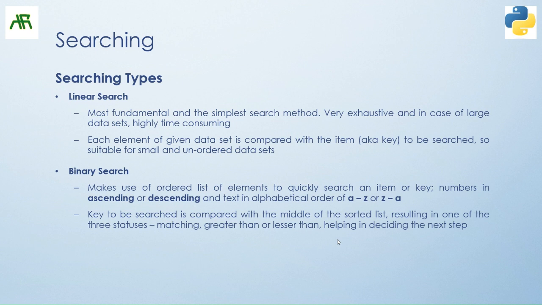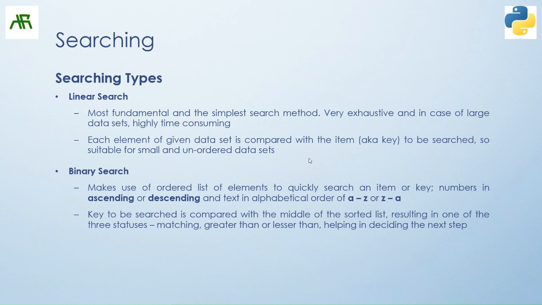If there is a match, it's going to return yes, a match found, or it will return whether the key element is greater than the compared element or lesser than the compared element, effectively cutting down the target for the next iteration or pass in half. So, for example, if the key element that we are searching is greater than the middle element in the target list, naturally the next pass or next iteration will have to deal with the second half of the list.